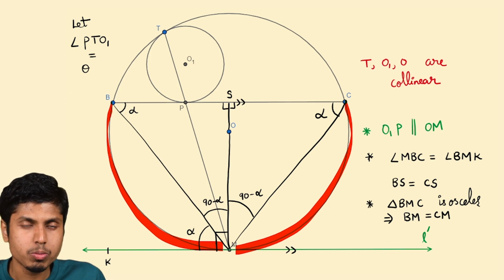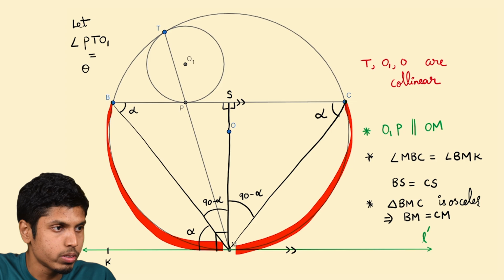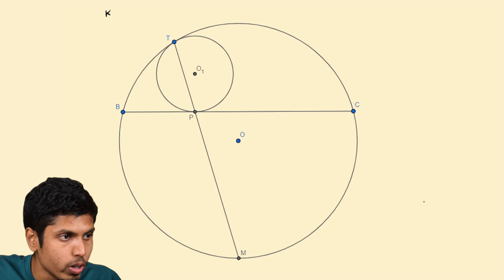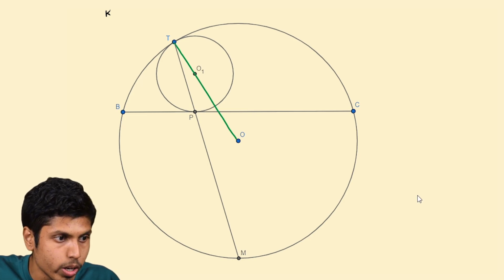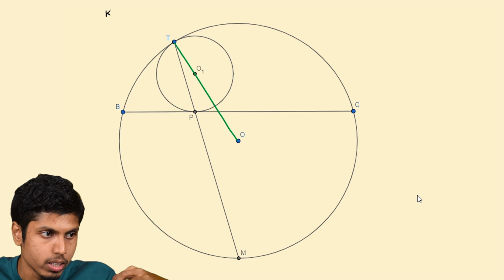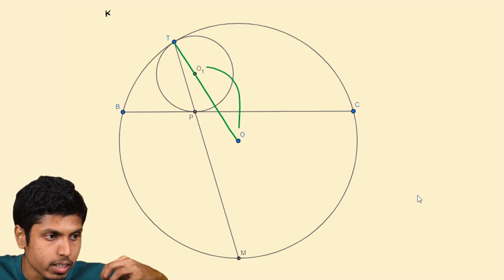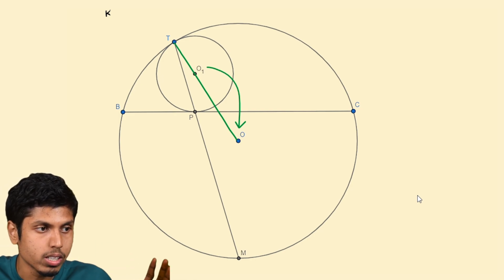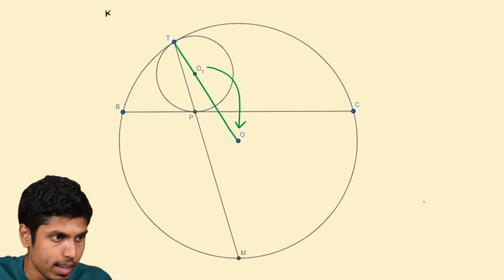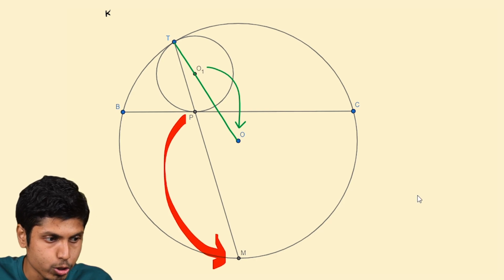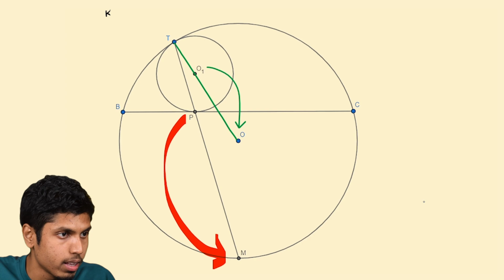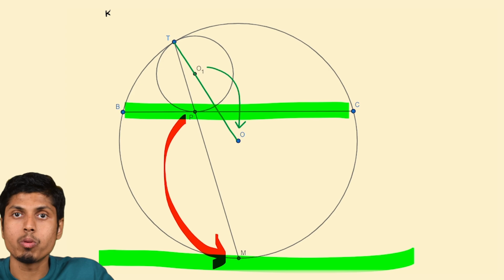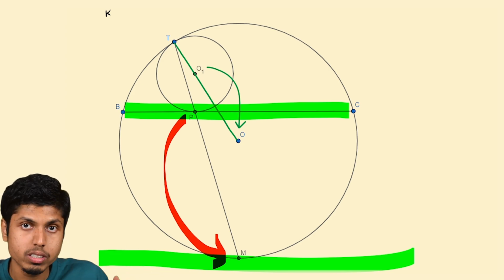One may also tackle this problem using homothety, because since the circles here are tangent, their centers are collinear as we proved. So if you dilate the smaller circle to the larger circle, it will take the center O1 to capital O, the smaller circle maps to the larger circle, and point P goes to the point M. And thus the tangent at the point P must be parallel to the tangent at point M, because angles are preserved in homothety.